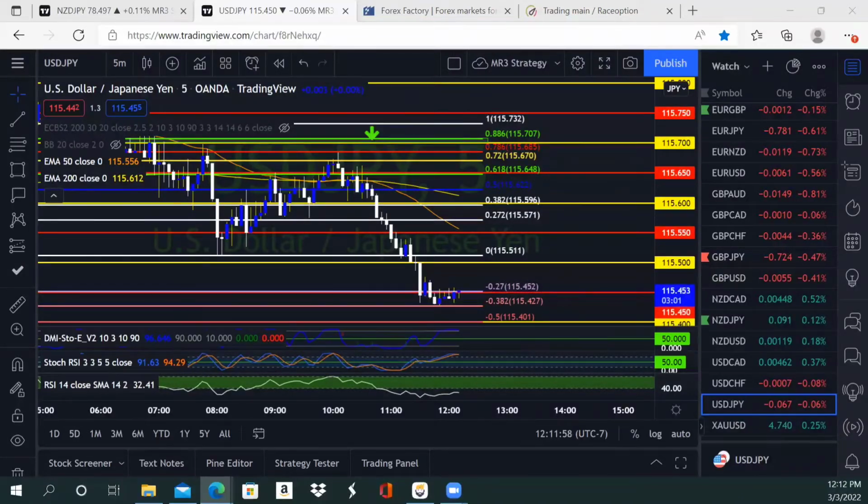So what I'm going to do here, I know I've done it in the past, I just want to show everyone what you can be doing, what you could be making. I don't ever recommend trading more than 2% of your account at once.